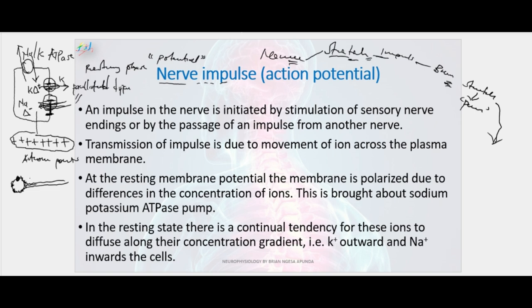If you can animate it a little bit, let's assume every other place was resting, we've had an action potential, so it will just spread from this point, this point, this point, this point, up to the synaptic knob, where we are having storage of neurotransmitters.